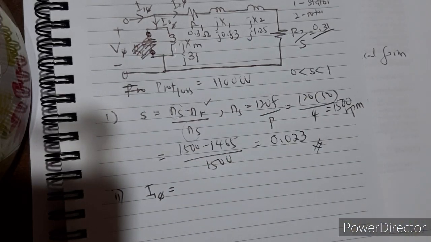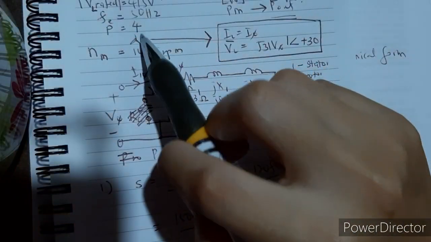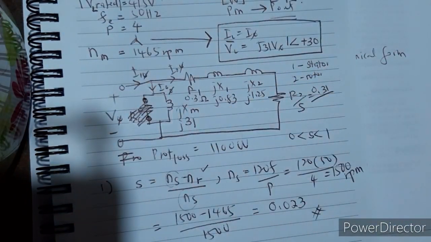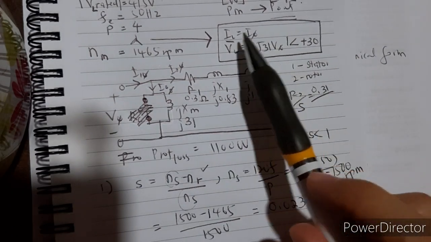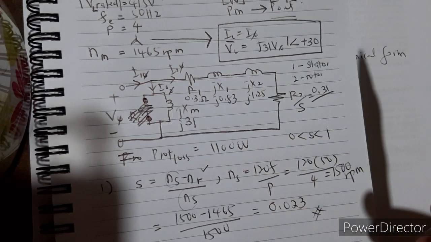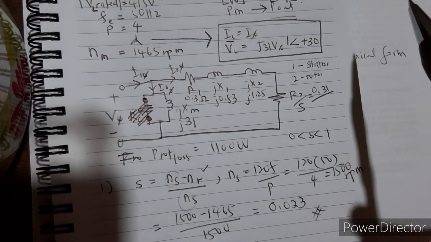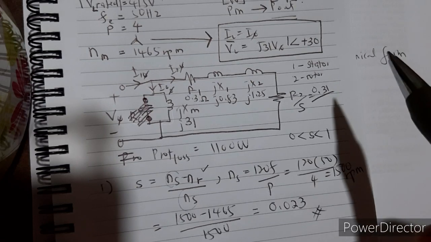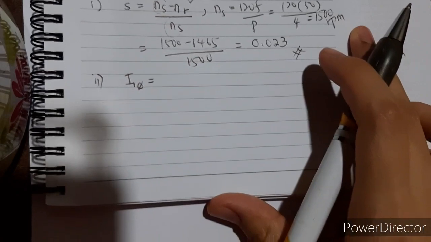But actually the question didn't mention phase or line, because your motor is star connected or Y connected. So I line equals to I phase, I1 phase equals to I1 line. So no need to mention whether the question wants phase or line value, because they give you the same answer. So just calculating your I1 phase is enough.